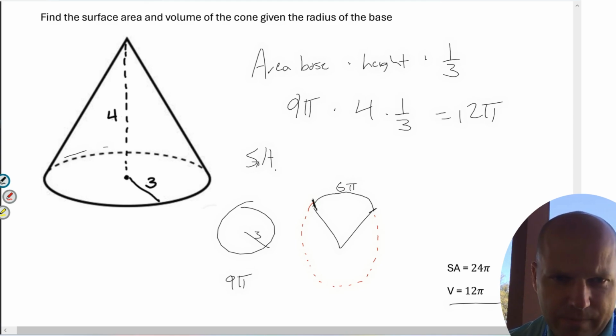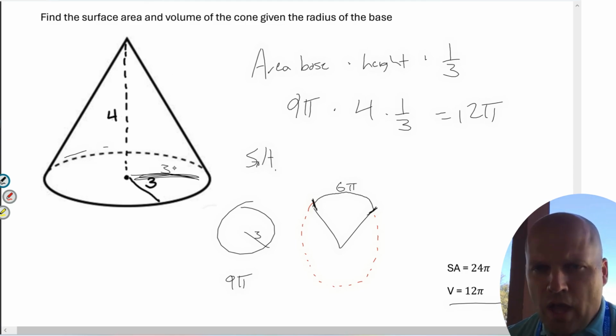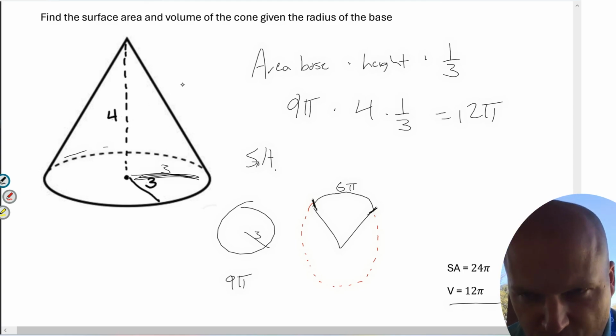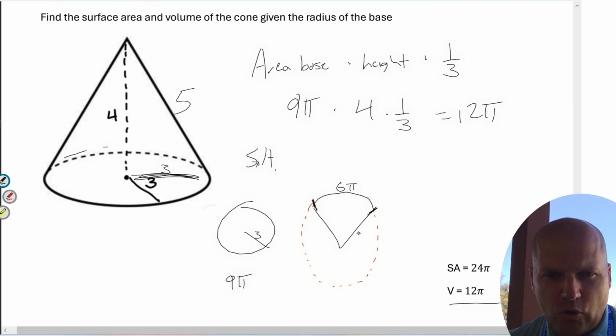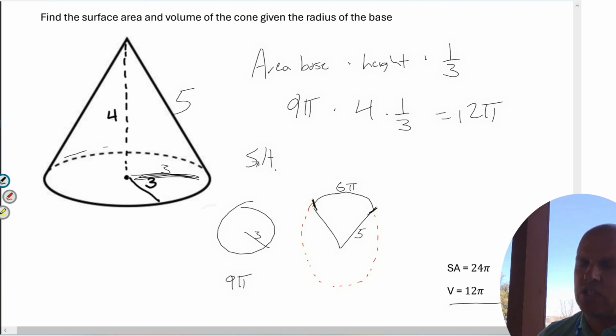We also notice that this diagonal length, which comes from the radius and the height and the Pythagorean theorem, 3 squared plus 4 squared equals 5 squared, when unrolled, becomes the radius of this new circle.